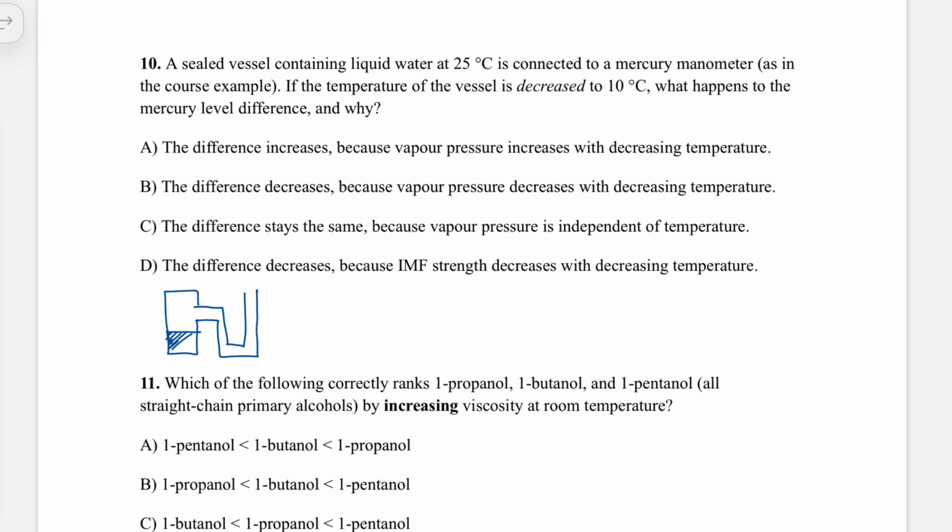And then this little bit is water, and then we'll have some liquid water, but then also some in the air. And then this creates pressure that pushes the mercury to a higher level. So this is the manometer. Now, right now it's at 25 degrees Celsius, but we want to decrease it to 10 degrees Celsius. So let's see what that will look like now.